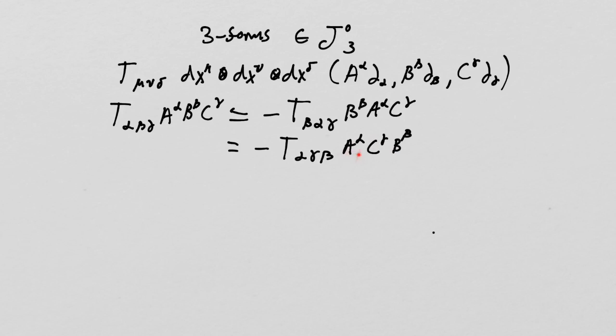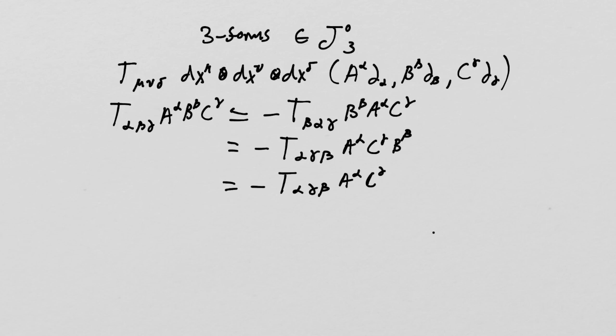The sequence, whether it's ABC, I could write this all as ABC, but I want the indices to sort of line up in order. But that's just pure convenience, because whether B is here or here, it's still going to sum over exactly the same way, and the sum is completely linear. So this has got to equal minus T, I think it's alpha gamma beta A alpha C. Oh, I did that one.